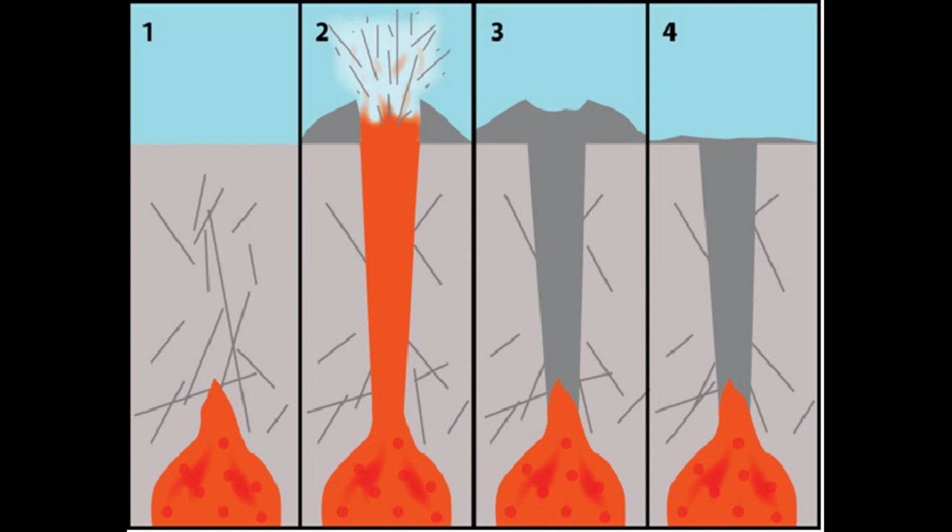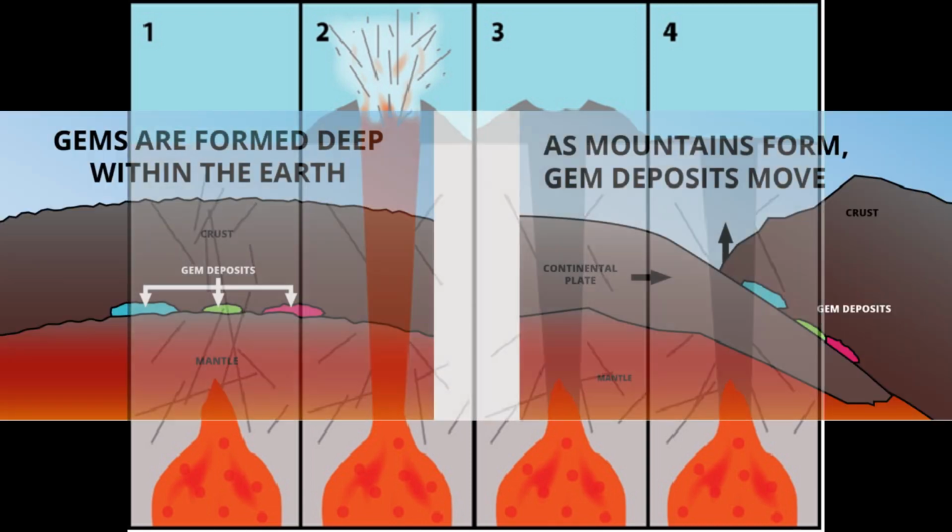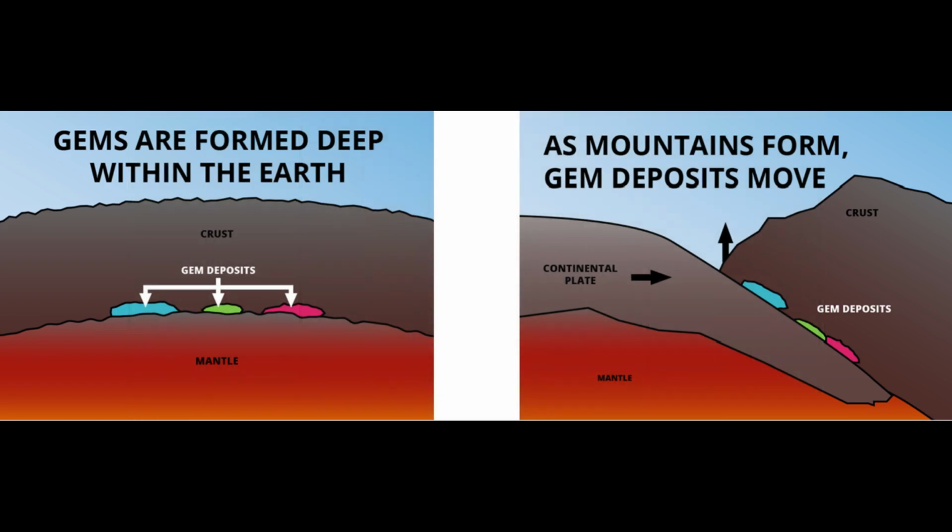Now, how mountain building and erosion bring gems to the surface. As we have just discussed, a few types of gems come to the surface during volcanic eruptions. However, what about so many others that crystallize far underground? Most of these gems reach the surface through mountain building and erosion.